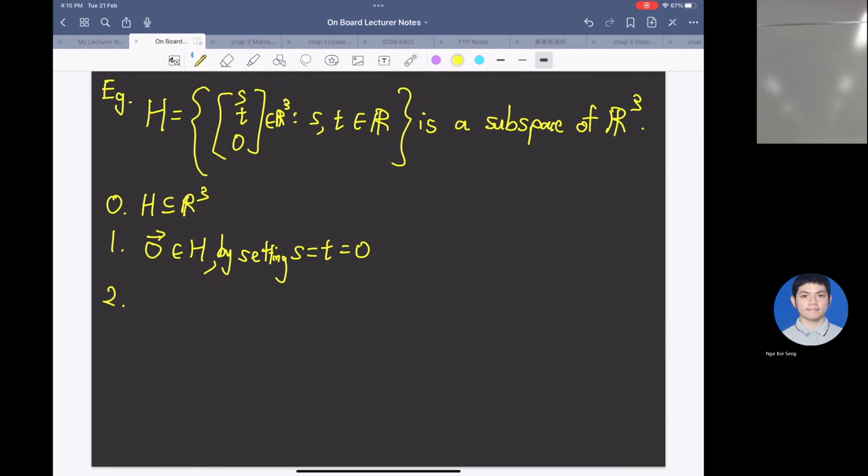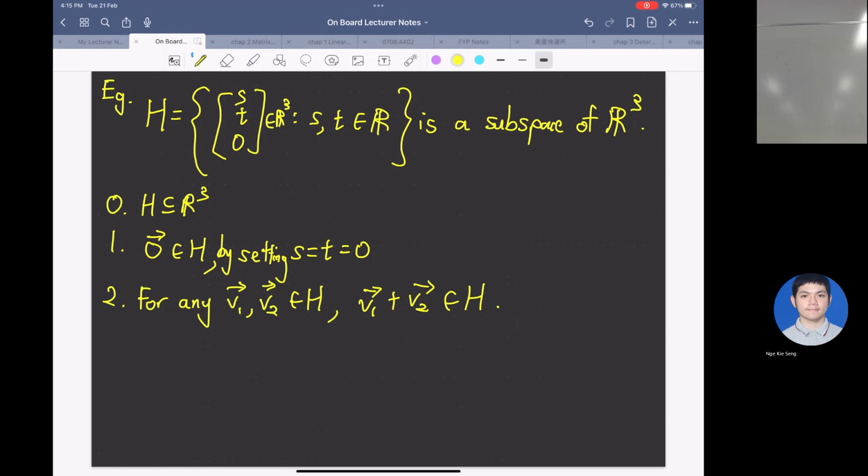Okay, so how about the second one? If you pick 2 vectors in the set, for any v1, v2 in H, v1 plus v2 is in H, right? So how do you show this?